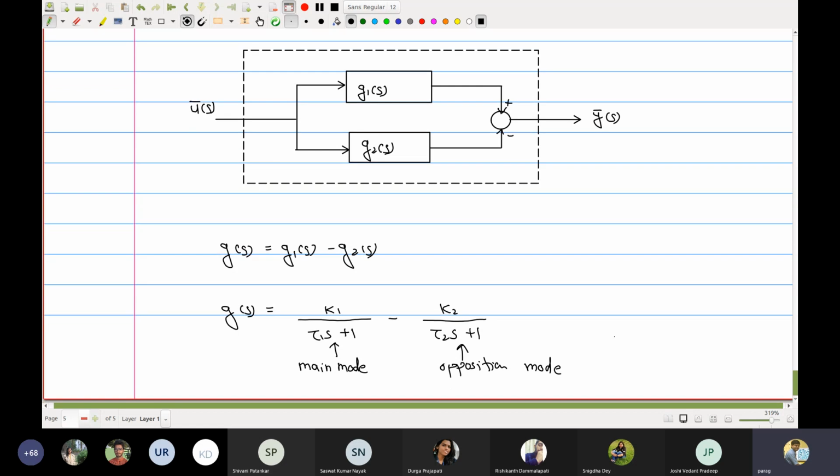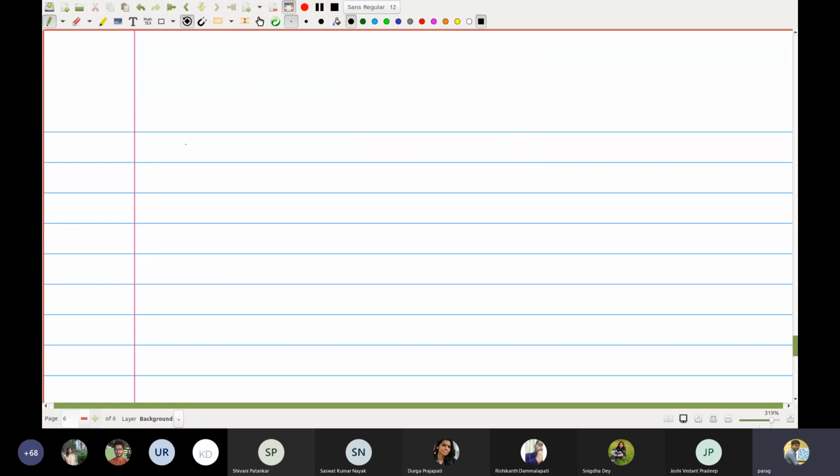So let's see how the dynamics of such a system with such individual components would be governed.